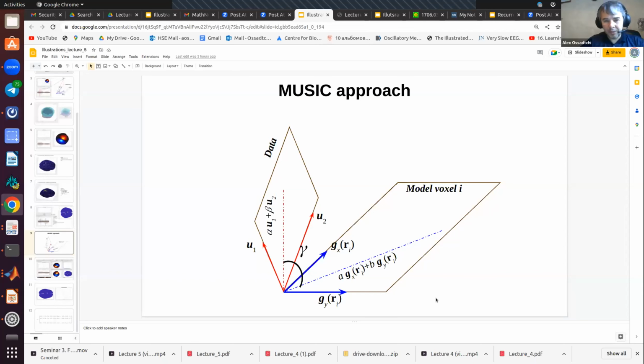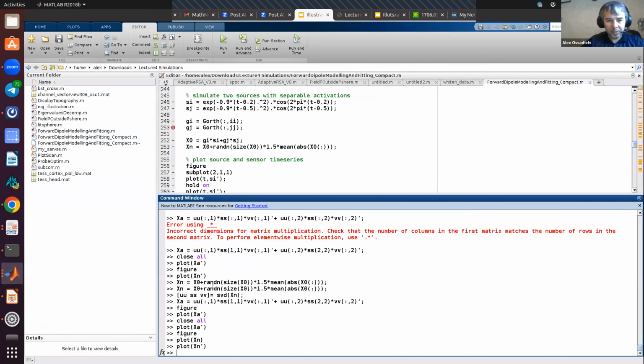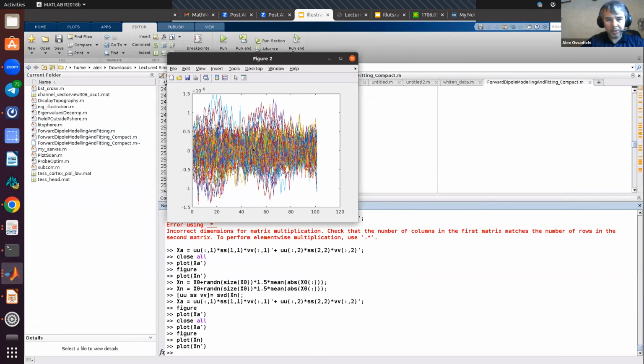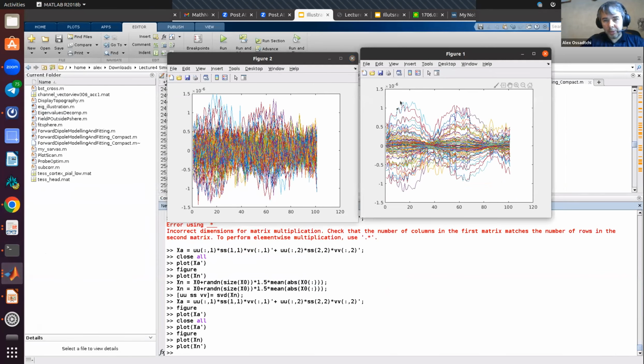Not here, but in the MATLAB graphs. Here. It's just time. It's your data, your not noisy data. This is basically how you see your EEG data or MEG data on the monitor in a so-called butterfly plot.